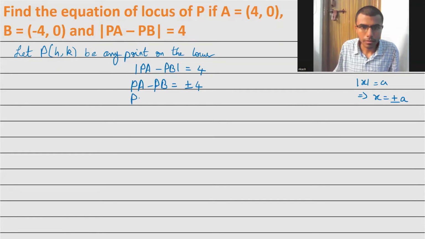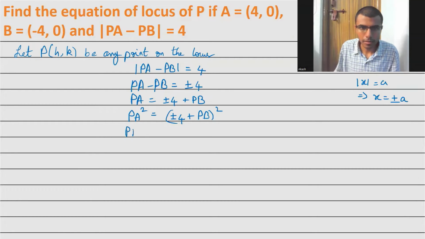So PA would be nothing but plus or minus 4 plus PB. Now let's square on both sides. PA square would be nothing but plus or minus 4 plus PB whole square.